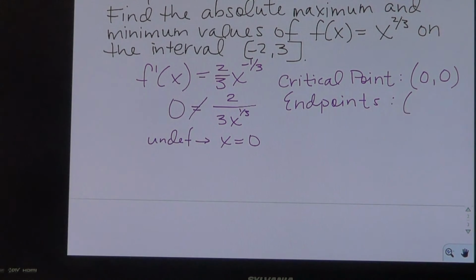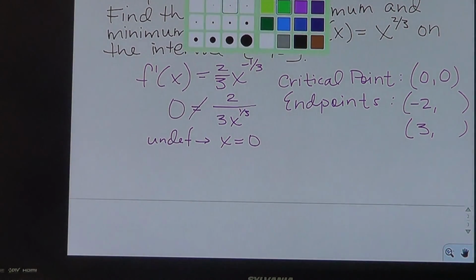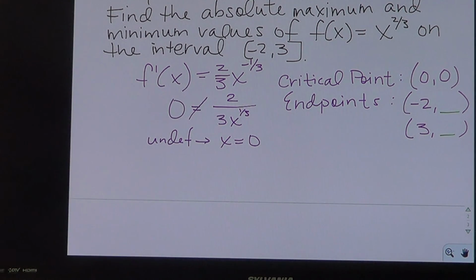So we know that the end point values of x are -2 and 3. And so in order to figure out their y values, we'll have to plug those into the function, so f of negative 2 will be negative 2 to the 2/3, which would be negative 2 squared would be 4, 4 to the 1/3.